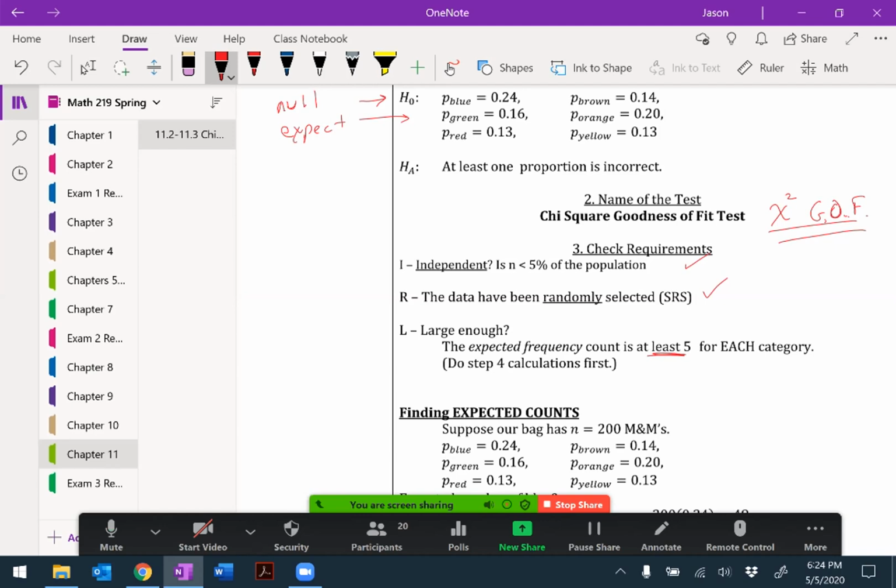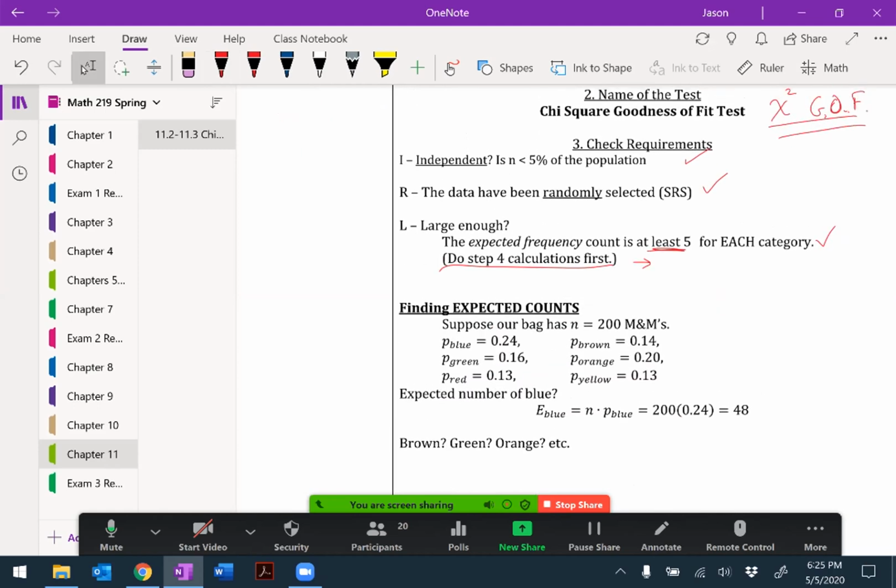We're going to do the calculations first, look at the calculations that we get in step 4, and we'll come back to this at least 5, and we're going to see that we have enough M&Ms to satisfy this.